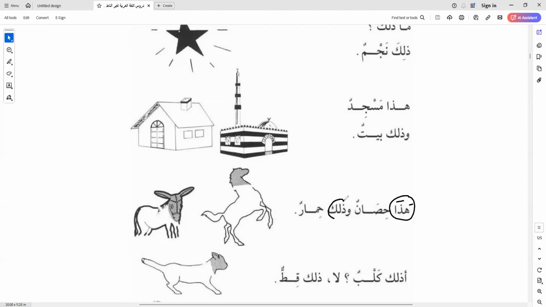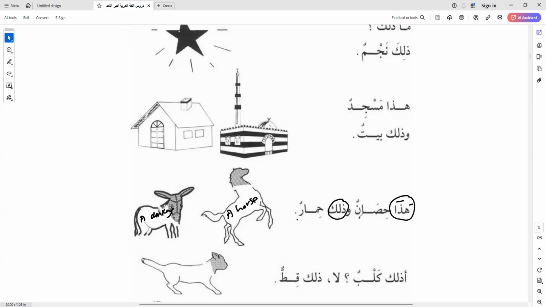So apparently the horse is near and the donkey is far. This is a horse, and that is a donkey. هذا حصان وذلك حمار.